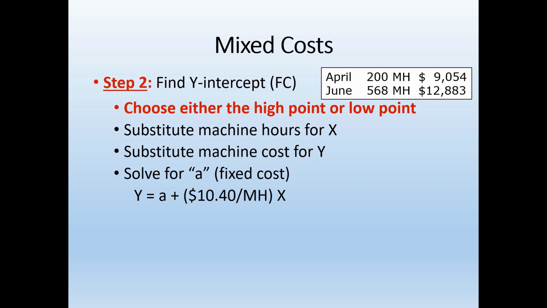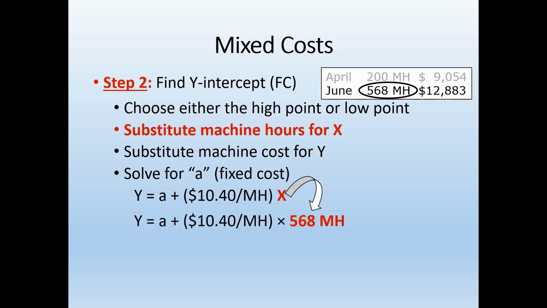In this case, I chose June, but it would work equally well with April. Once we've chosen either the high point or the low point, we're going to substitute the number of machine hours used in June for X and the total cost to service the machines for Y, like this.